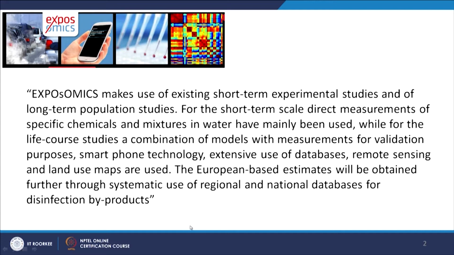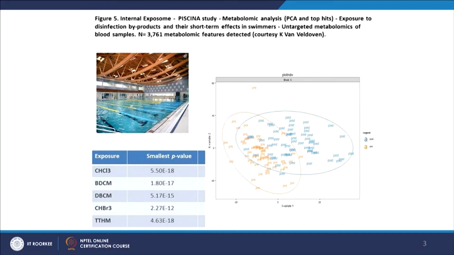Alrighty, and so this is one of the studies that they did in swimming pools. In a swimming pool, every time the water is filled or the pool is cleaned, the water is chlorinated to disinfect it and make sure that the swimmers don't fall sick.